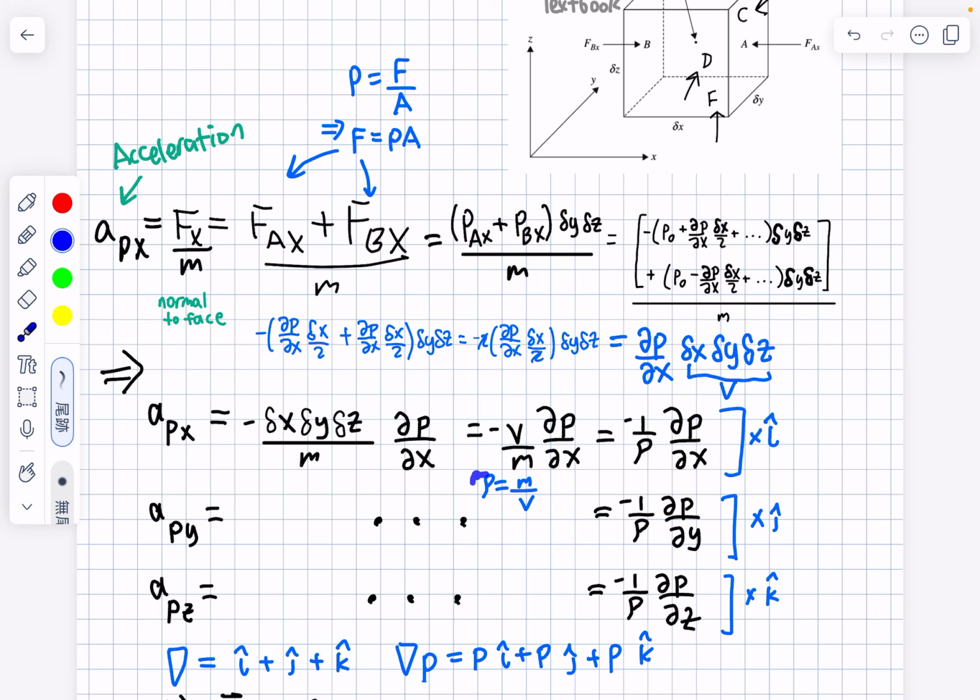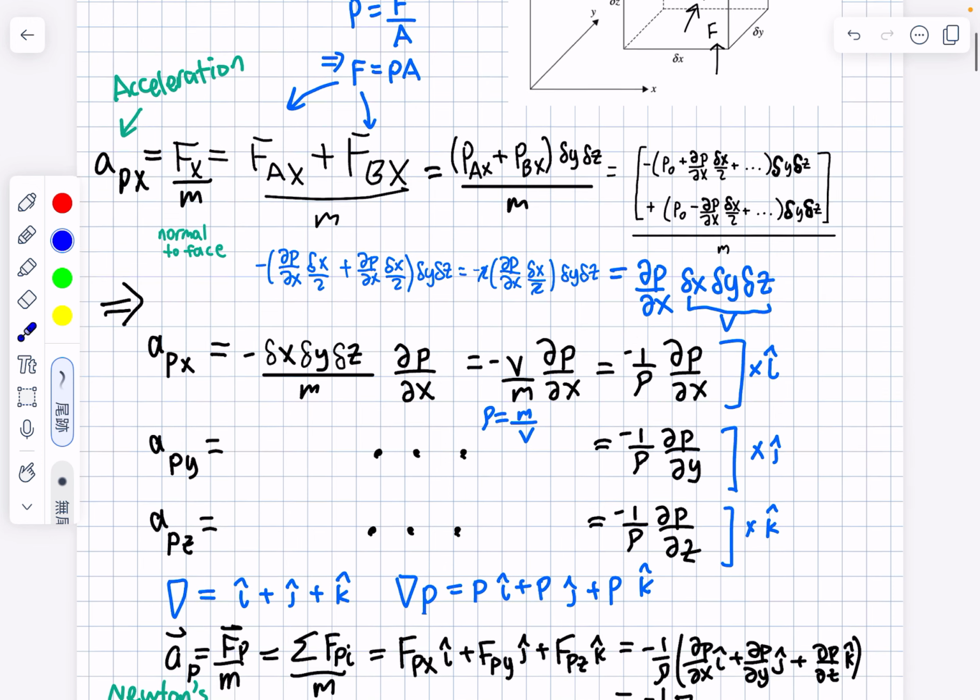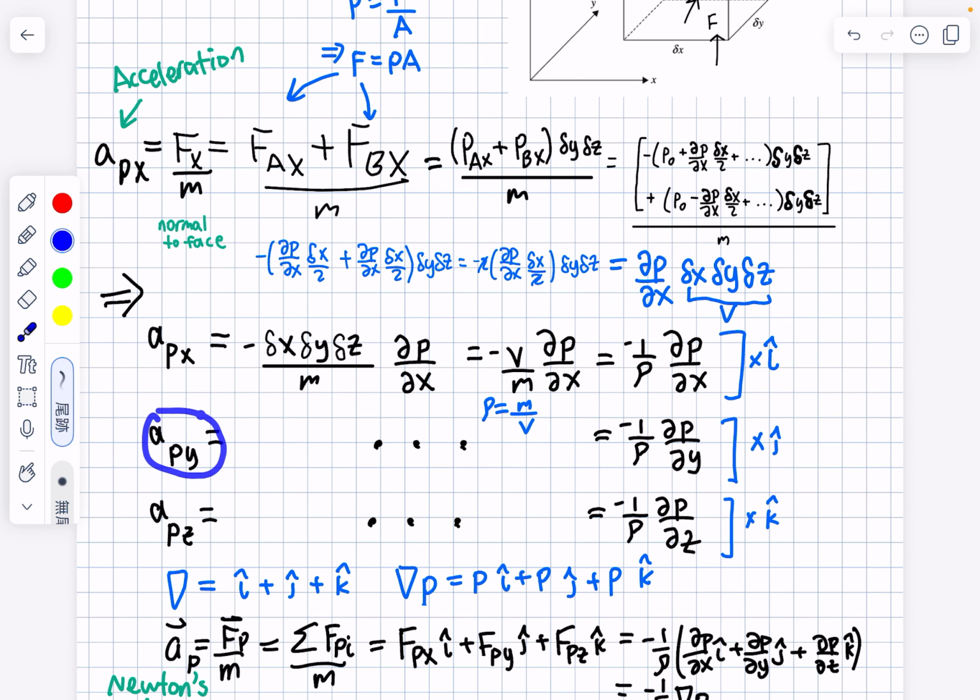We know that rho is equal to m over v, so this is equal to 1 over rho. So we'll have negative 1 over rho partial p partial x, and if we do it in the y direction, we'll get the same thing except it's partial y.